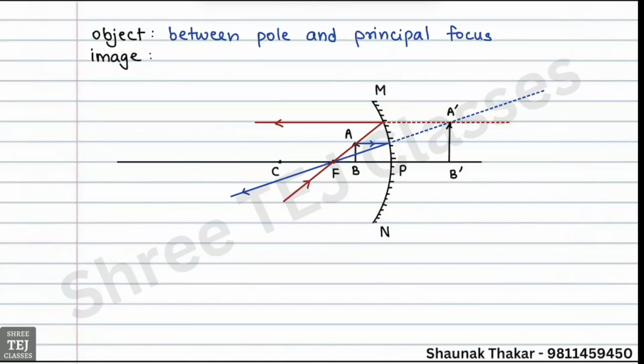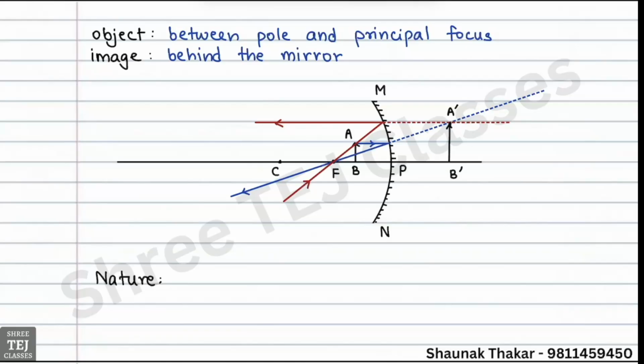The image is behind the mirror. Now what about the nature? As we can see, the image is behind the mirror. In the area in front of the mirror, the image formed is real. If the image forms behind the mirror, it is virtual because it cannot be obtained on the screen. And we can see that it is upright like the object. So we call such an image an erect image.